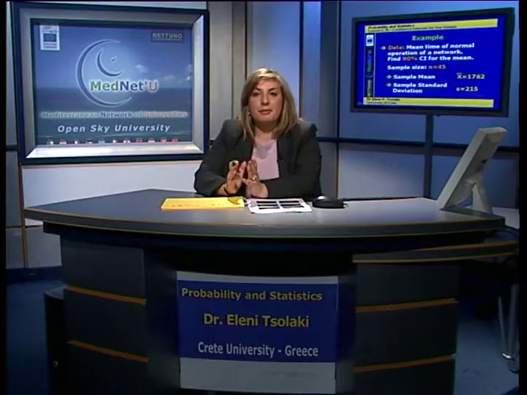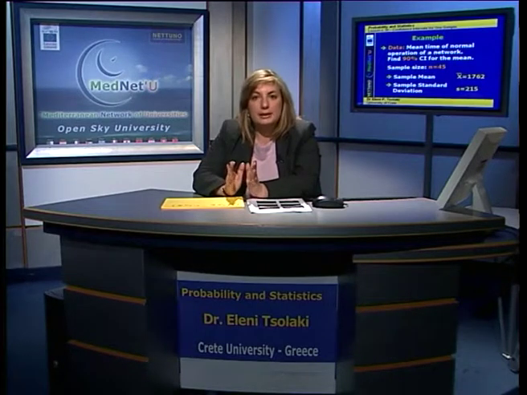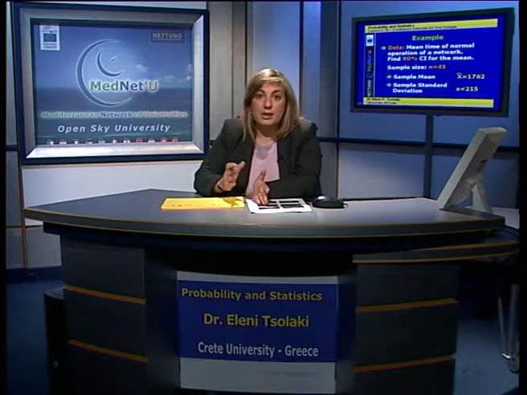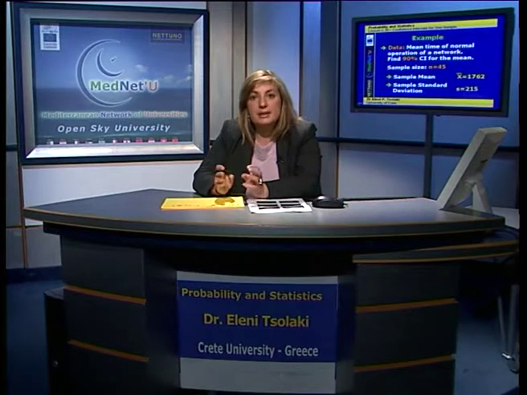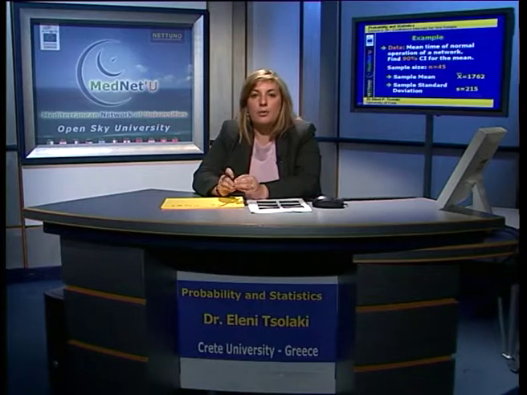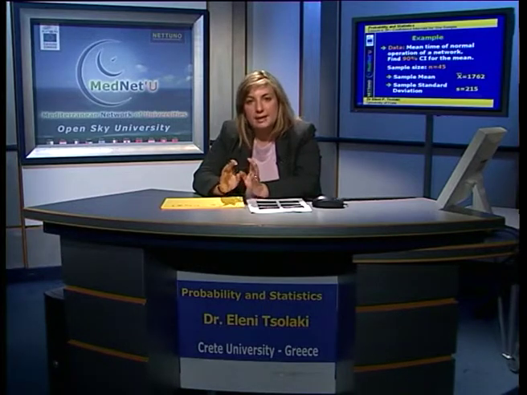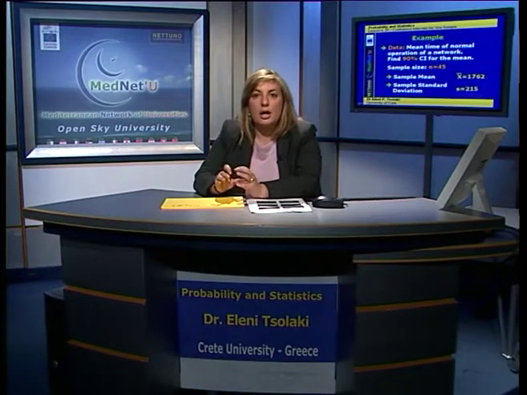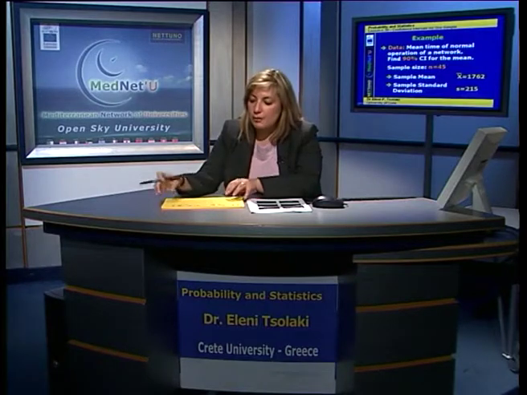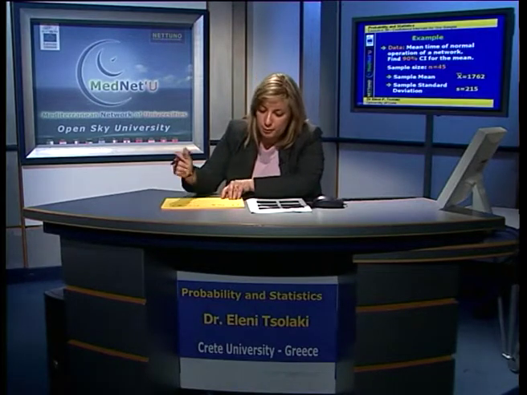So the most difficult thing when constructing confidence intervals is actually to find out exactly which formula we need to use, in which of the cases we are. So for this case, we can use this formula here.